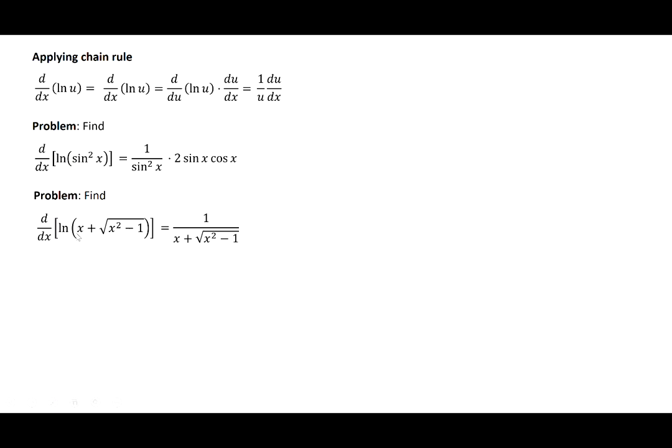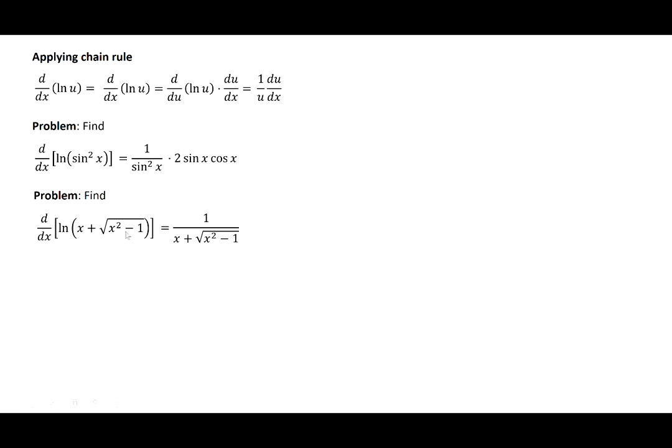Well, if you look at the u, there's a summation going on, x plus something. So, the derivative of the first term plus the derivative of the second term. Derivative of first term, x, simple, 1, plus, what's the derivative of square root of x square minus 1? Because it's not a simple square root of x, my attitude is, I'll think of it as square root of u1.